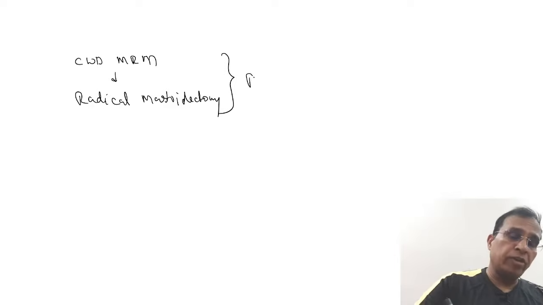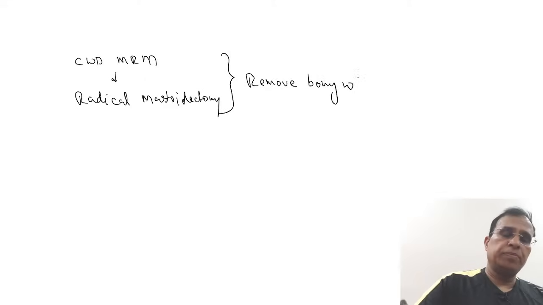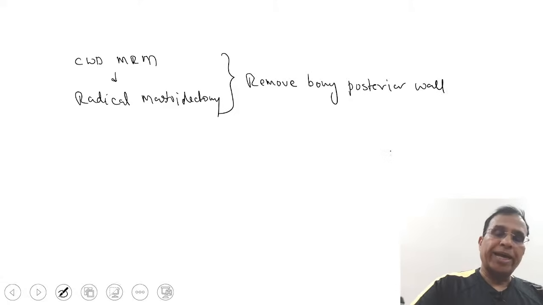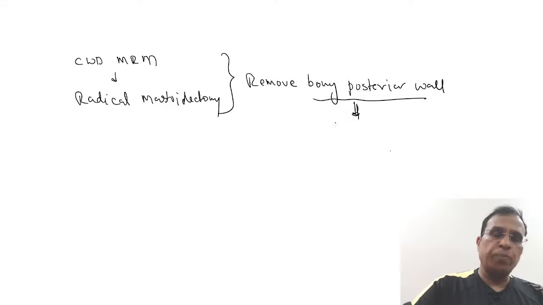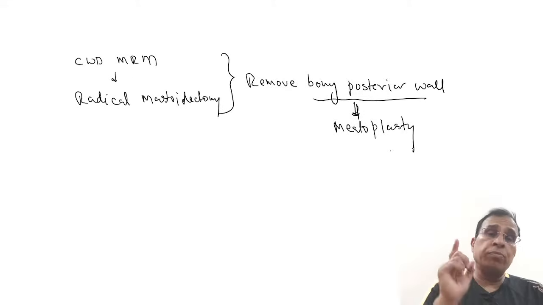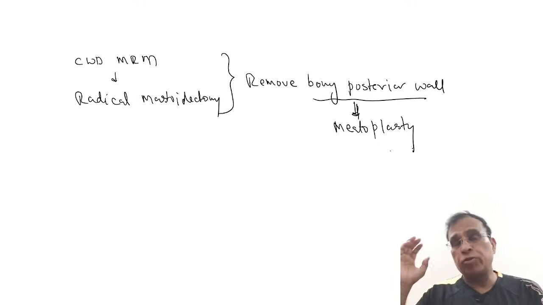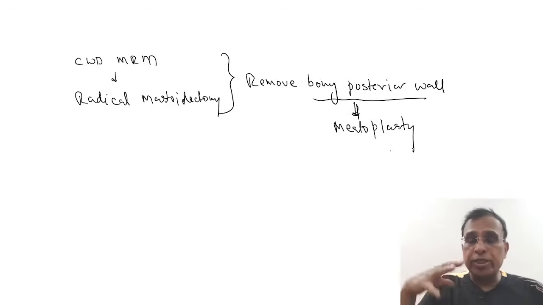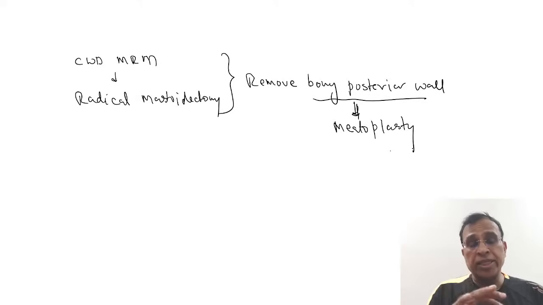In both the surgeries, we remove the bony posterior wall. And if you remove the bony posterior wall, then you have to do meatoplasty. Right. So the rule is, if you remove the posterior bony wall of the ear, you have to do meatoplasty. And there are only two surgeries where you remove the bony posterior wall, which is canal wall down and radical. Second question related to this is, what is the advantage of doing meatoplasty in these two patients?